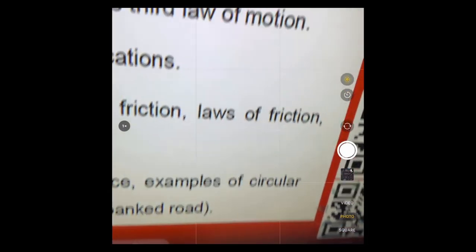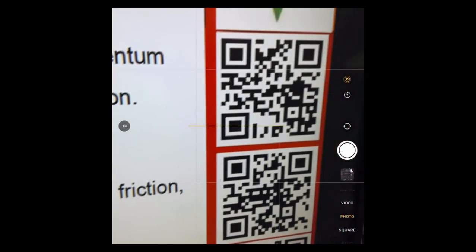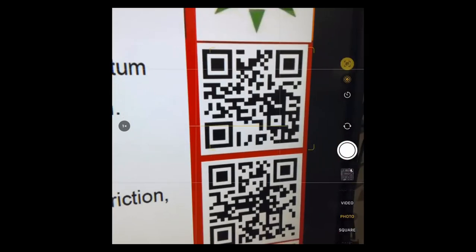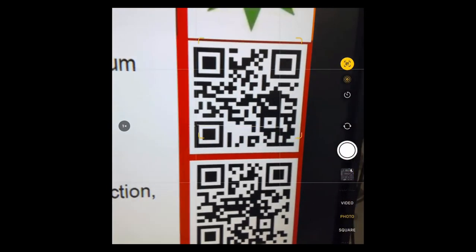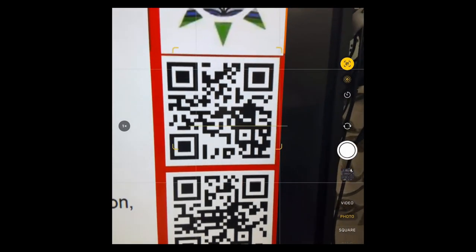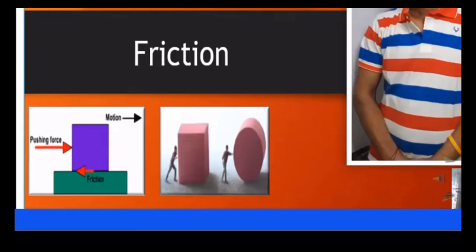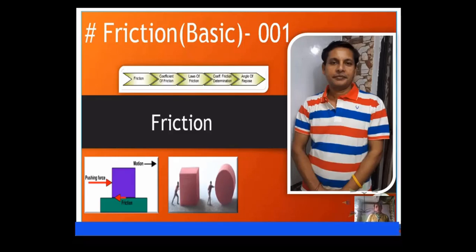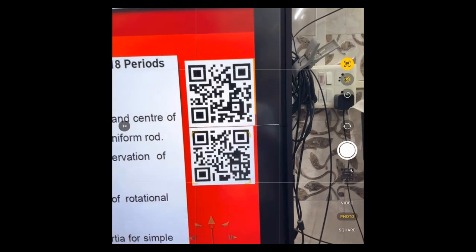On the left hand side you have your topics in the form of text, and on the right hand side the corresponding QR code is given so that you can directly go to the lecture. This QR code based scan will help you go to the explanation and detailing of the topic very fast.